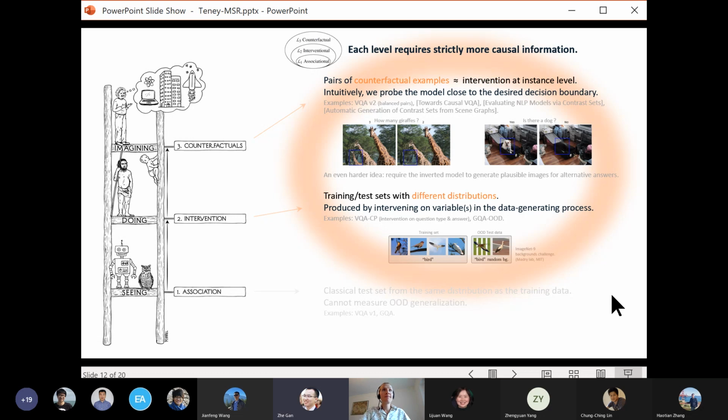Hi, Dan. Can I have a question here? Please, yeah. I think here you have a good example about the VQA field, what's the dataset corresponding to intervention and the counterfactual, right? But in reality, it seems many of the papers are still targeting the association. For example, the VQA leaderboard.